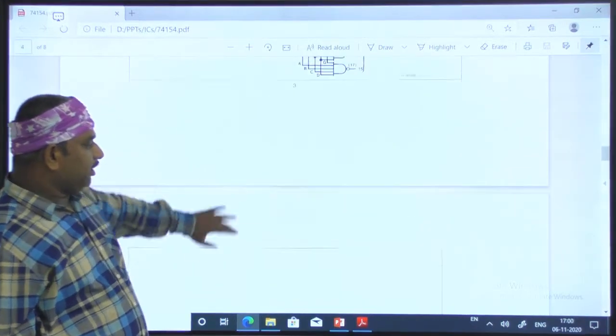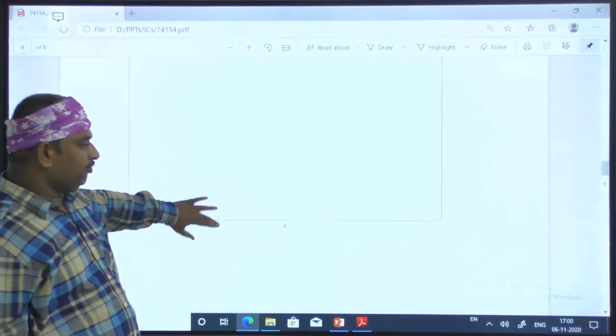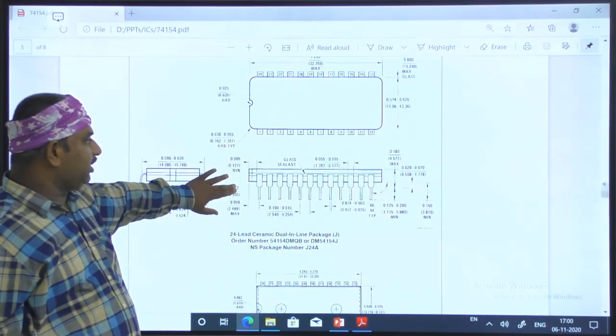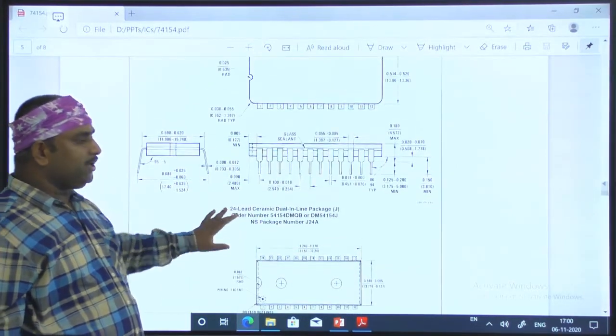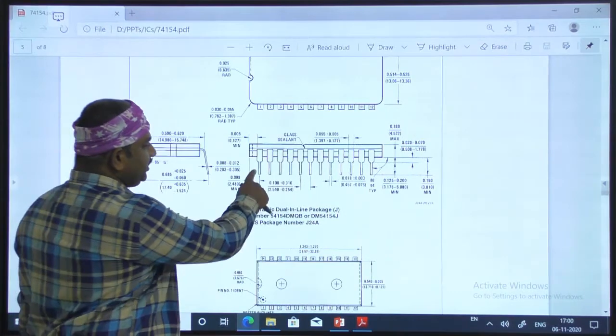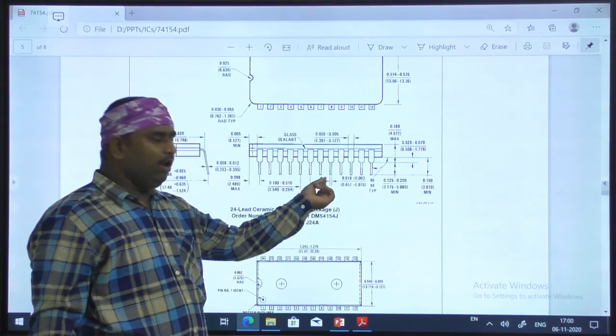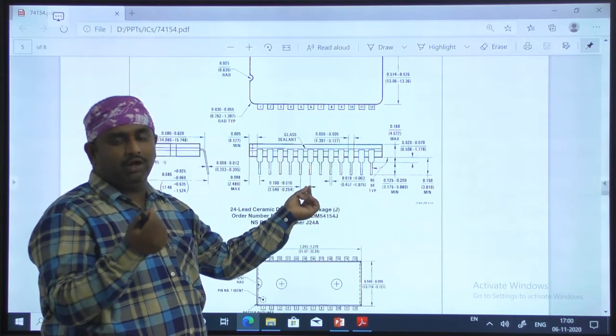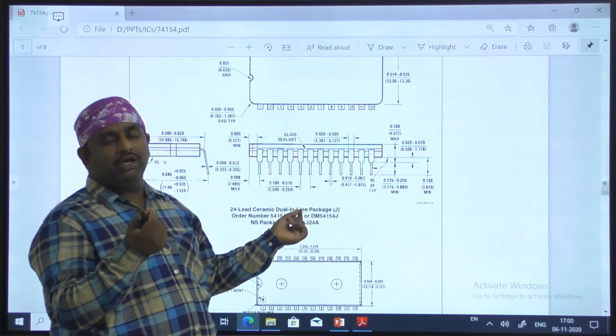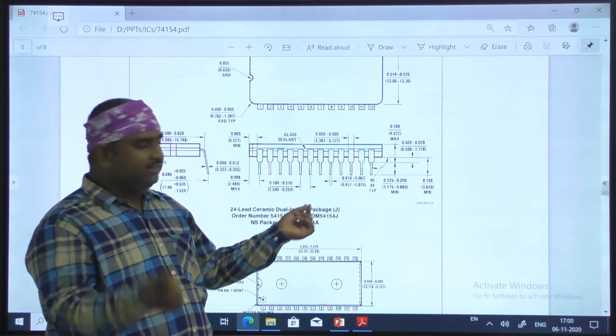When you are implementing this hardware using different types of functionalities, they have given the pin description. These are the pins at the side, and for each pin they have given how much thickness, width, or length is available.